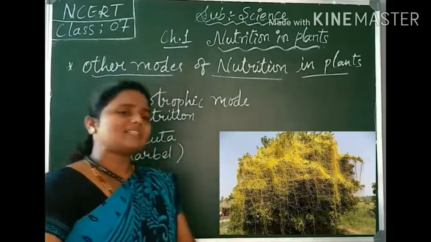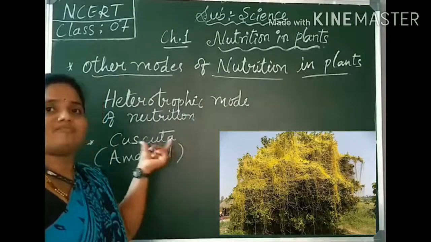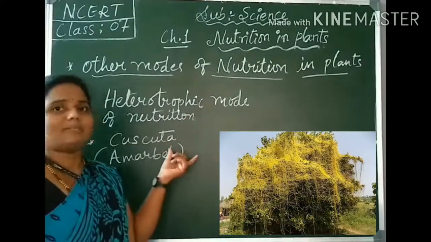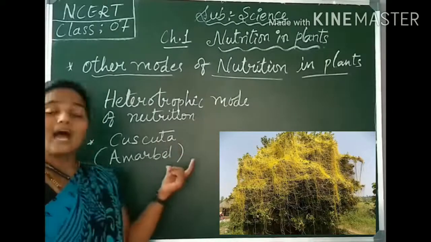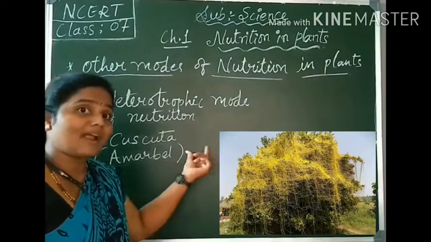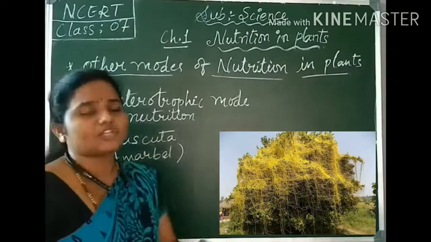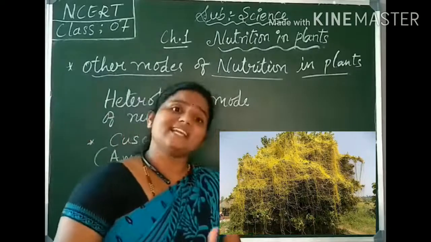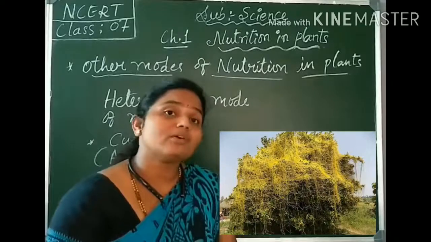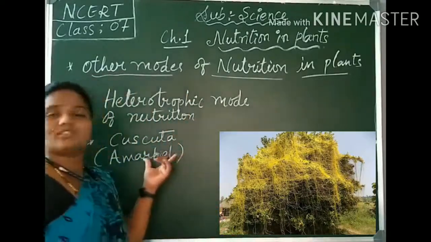The best example, children, is Cuscuta. It is the name of a plant, also called Amarbel. It takes the help of a big tree, climbing on it.